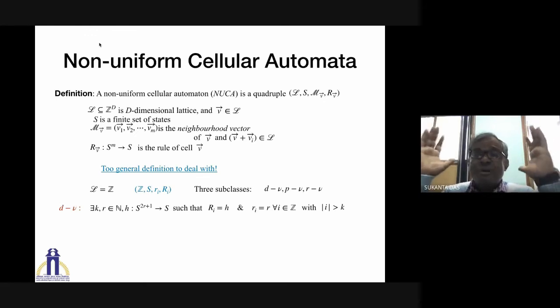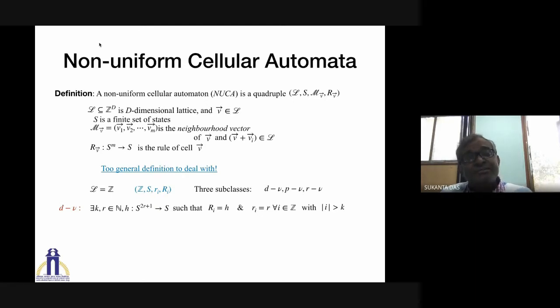In this part, the cells may use arbitrary, different rules. But beyond this limit, all the cells use a single rule called h.